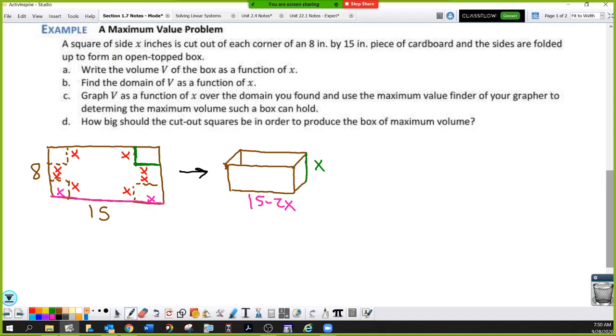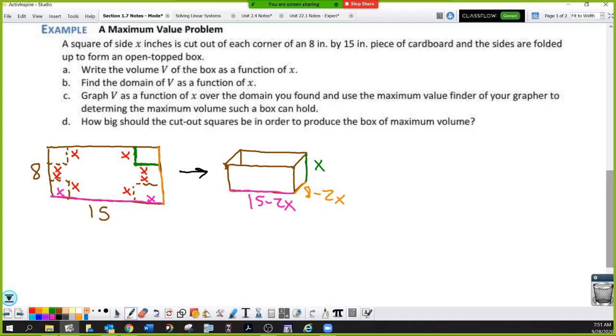And then the last one would be, what color have I not used yet? Equal opportunity color user here. This one was 8. And again, stamped 2 x's out of it. So that's going to give me 8 minus 2x. That's this. I should have finished color coding. There we go.